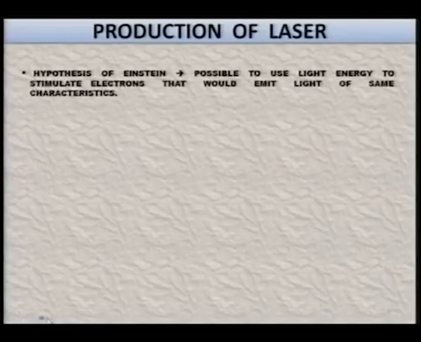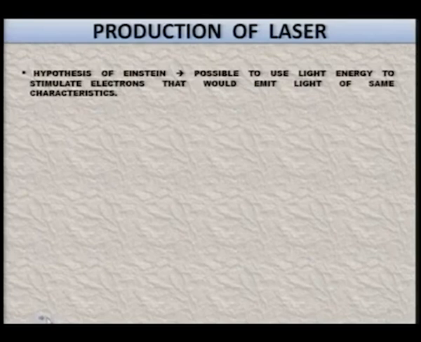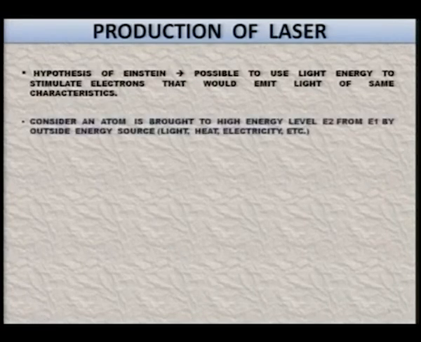Now, the question arises, how to produce a laser? I will tell you the hypothesis of Einstein. He proposed that it is possible to use light energy to stimulate electrons that would emit light of the same characteristic. This particular hypothesis has been used to produce the lasers.